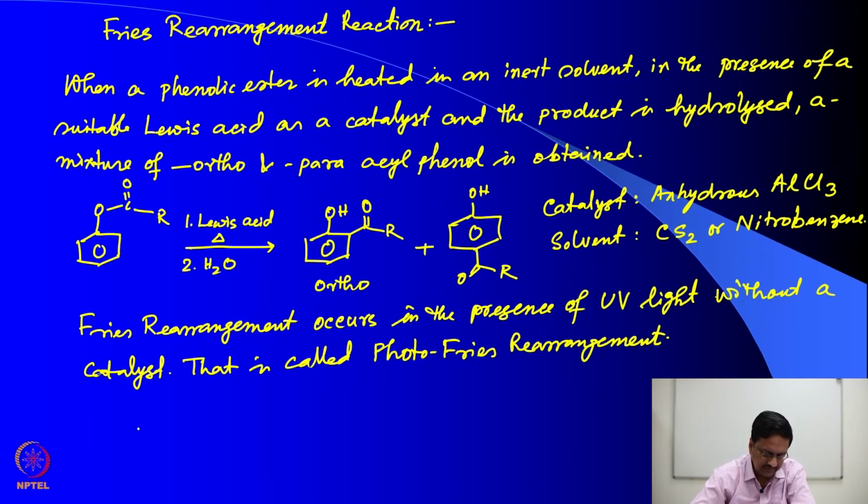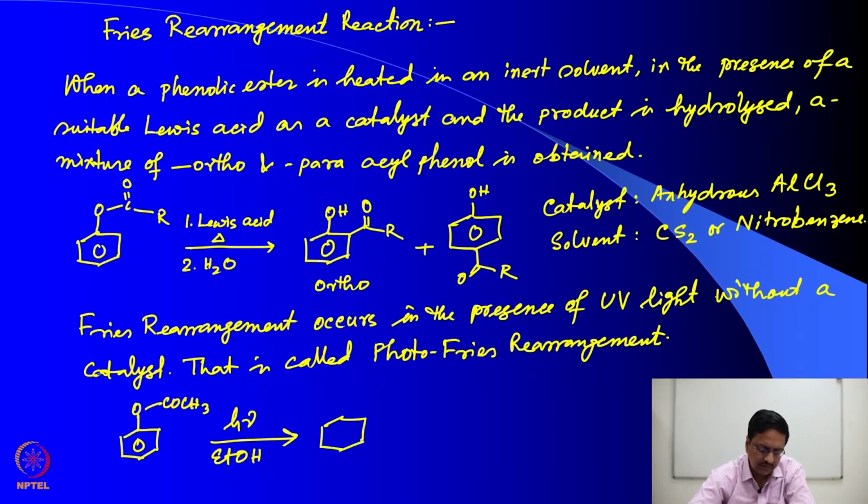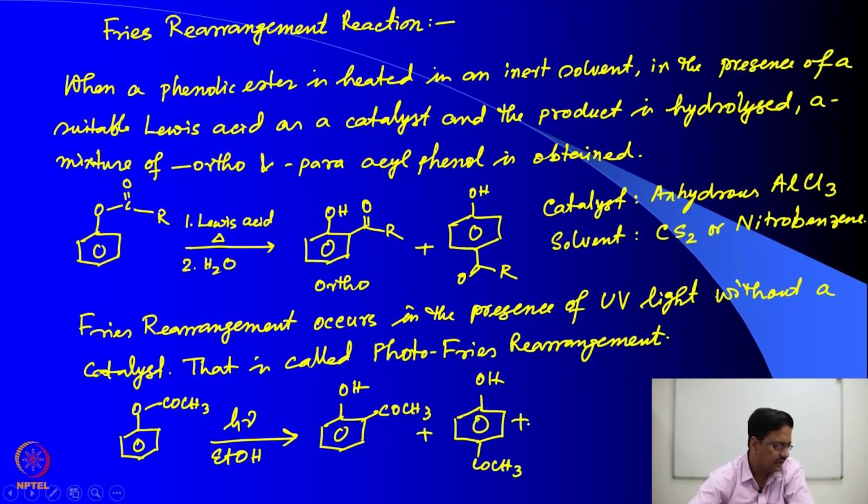So, in case of photo Fries rearrangement, if you have this compound, use the UV light in ethanol medium and what we get is a mixture of products: the ortho product, the para product, and a side product which is just the phenol.